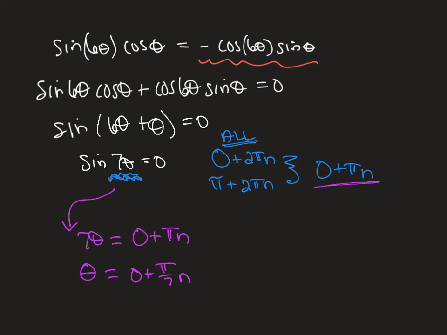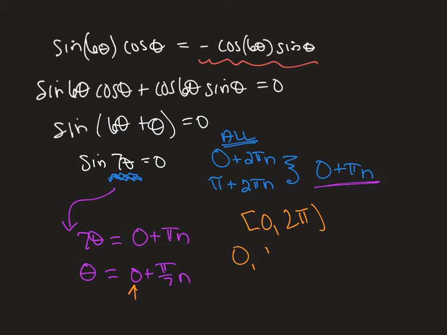When I want my answers from 0 to 2 pi, I have to do 0, that's the first one, and then I'm just going to keep adding 1/7.